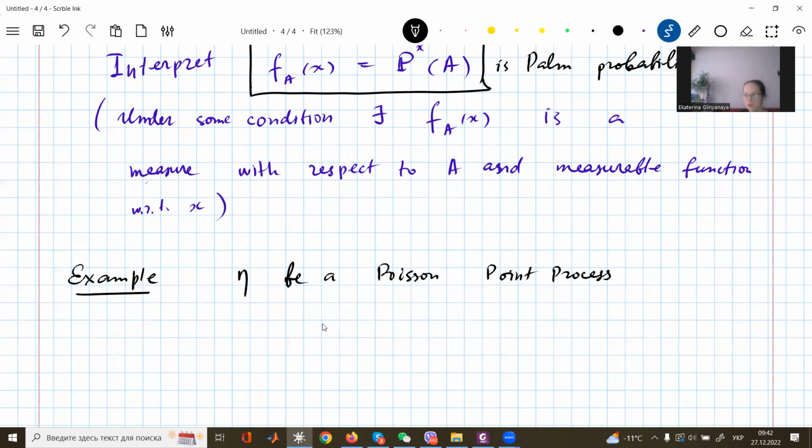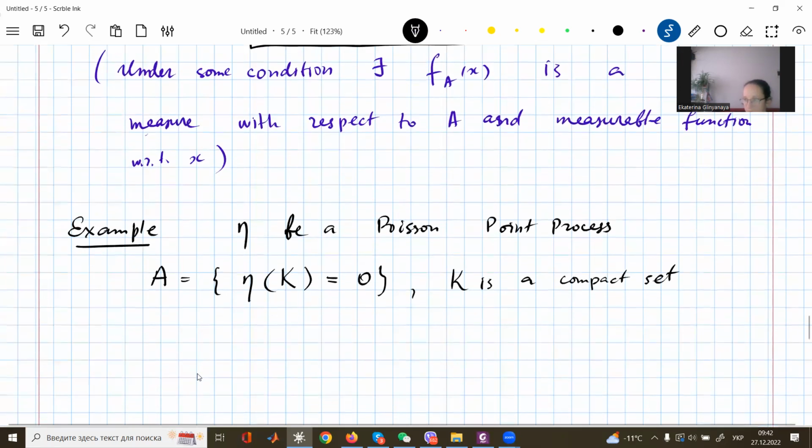And in the definition of the Campbell measure, let's take the following subset A. So we have event A. Let me take some compact set K, and I will say that event A is that we have no points in this subset K. So K is a compact set.